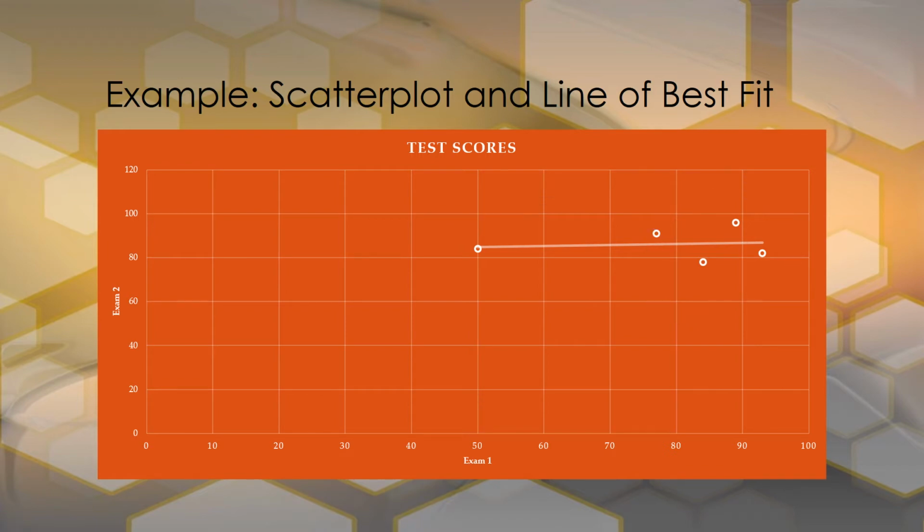And then I had my computer make this line of best fit here. And you can see that's almost 0, but a little bit positive. You can see it's kind of going up a little bit. And you'll see that in the slope. It's positive, but it's not very big.